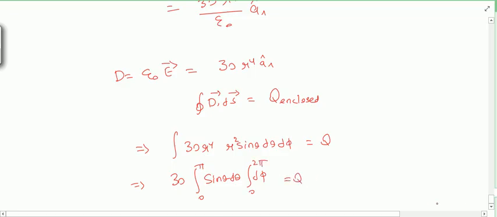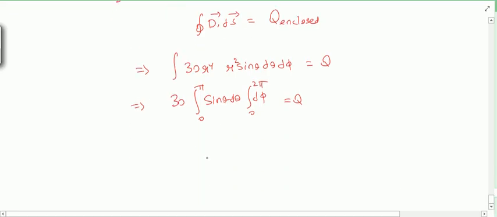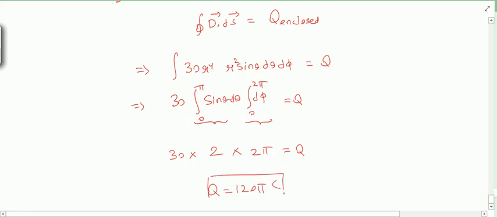If you solve this, it will be 30, the sine theta integral gives 2, and the phi integral gives 2 pi, so 2 into 2 is 4, 4 into 30 is 120. So the answer will be 120 pi coulomb.